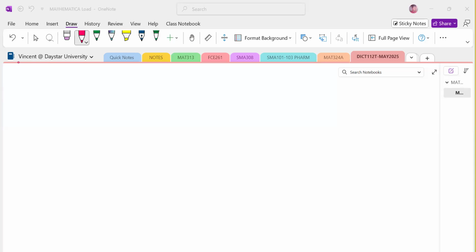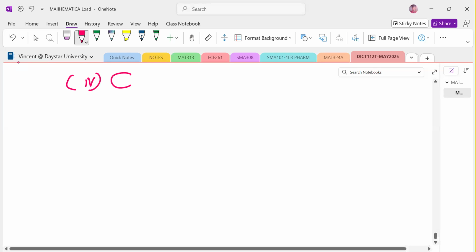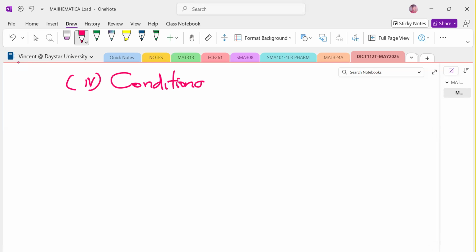So the second last logical connective is what we call the conditional. Conditional is also called implication. So the terms implication and conditional mean the same thing.